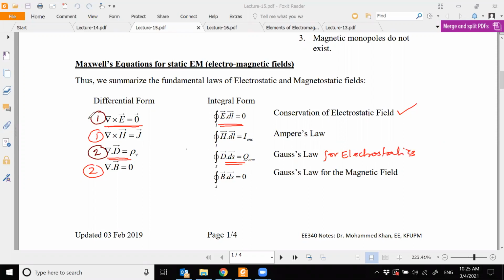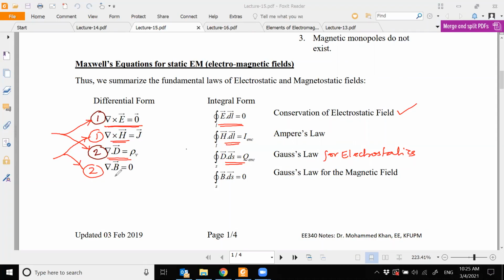So any vector field, if it satisfies these two laws, then only it will be an electrostatic field. Similarly, any vector field which satisfies these two laws will be a magnetostatic field. So next is Ampere's law: del cross H is J bar.